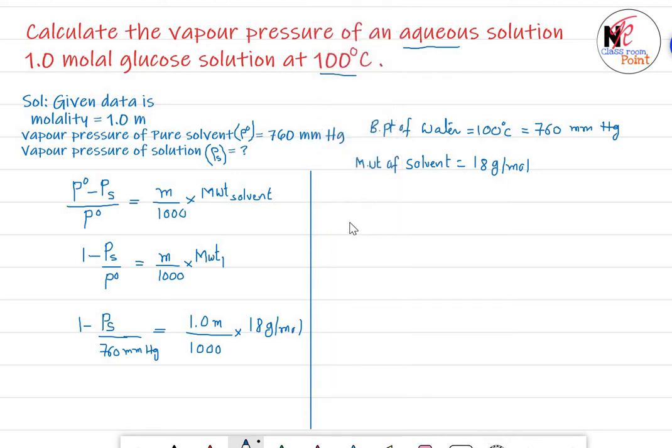So now it is 1 minus 18 divided by 1000 equals vapor pressure of solution divided by 760 millimeters of mercury.